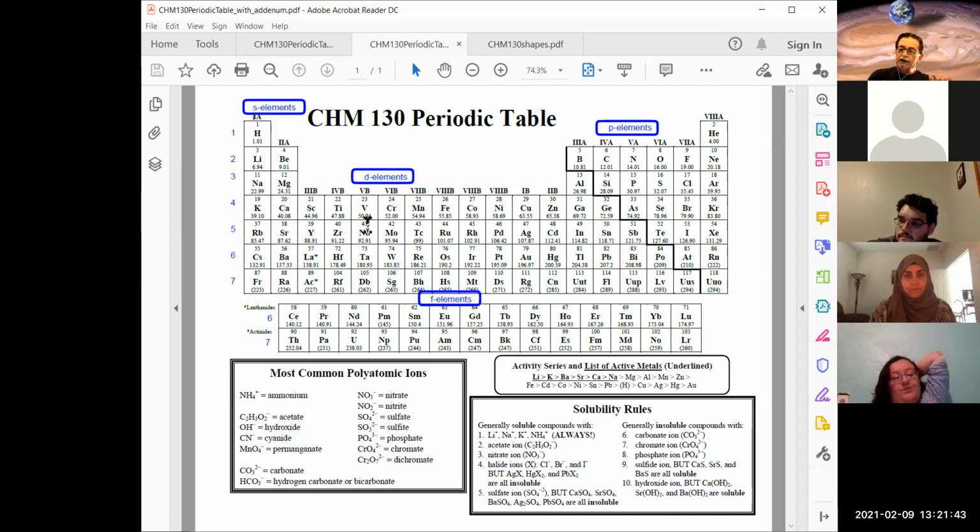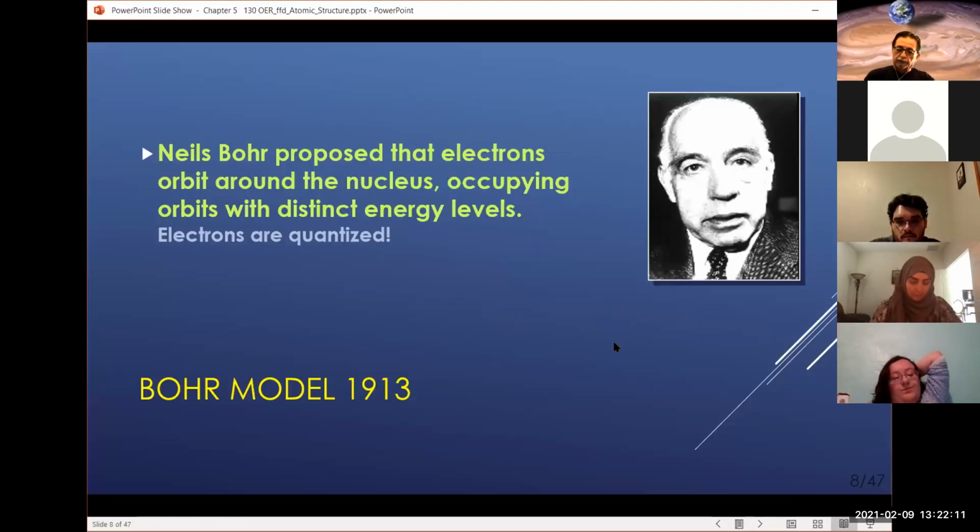So for the 118 elements that we have right now, we have 7 energy levels, starting with hydrogen, going across to helium. And this is where we're going to start talking about where the electrons that these elements have occupy, what energy levels they occupy. So there's 7 energy levels, and we're also going to learn that within those energy levels, there are sub-energy levels. But we'll get to that in a bit.